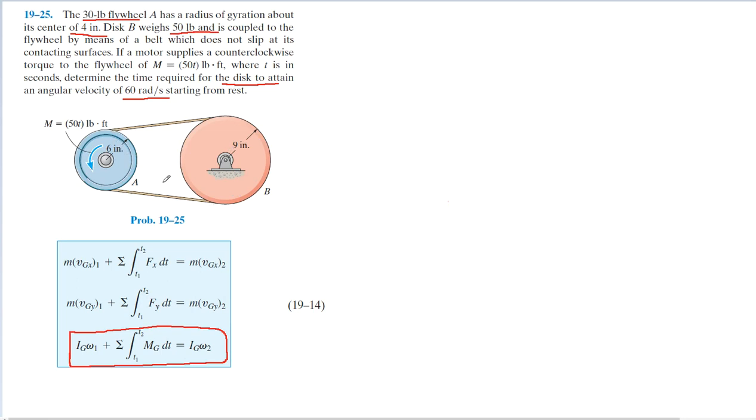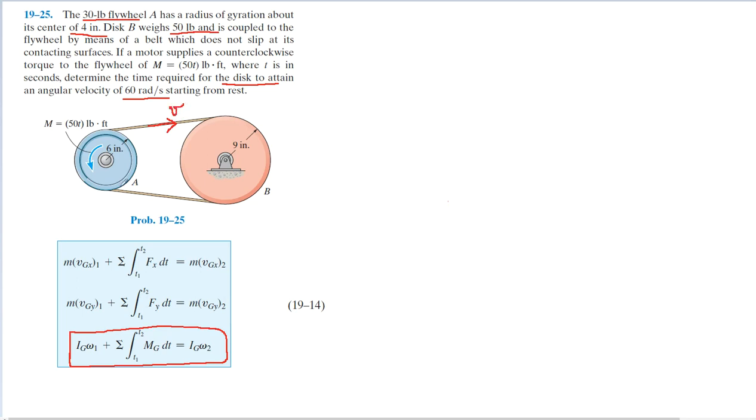So one thing is that the disk, because it has a 9-inch radius versus the flywheel's 6-inch radius, is going to rotate slower. It's explained somewhere in the book. So the tangential velocity of the flywheel and the tangential velocity of the disk are the same, and it's that of the velocity of the belt, because there is no slip.